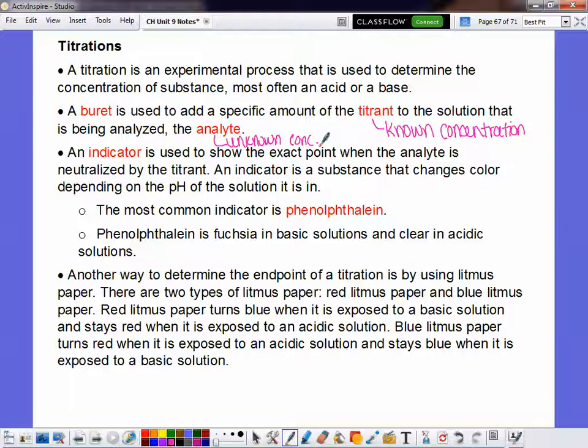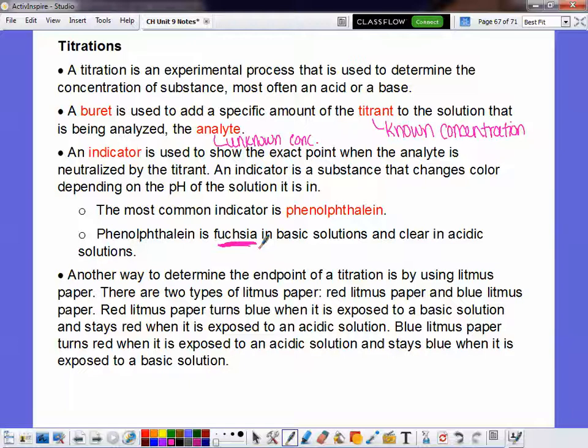Phenolphthalein is fuchsia in basic solutions, which is kind of the color that I'm using, and it's colorless or clear in acidic solutions. So when it's neutral, it's going to be like a light pink, kind of like the color of this sheet right here. Okay, it's like a light pink.